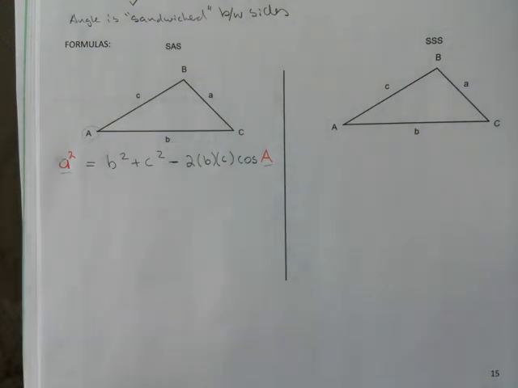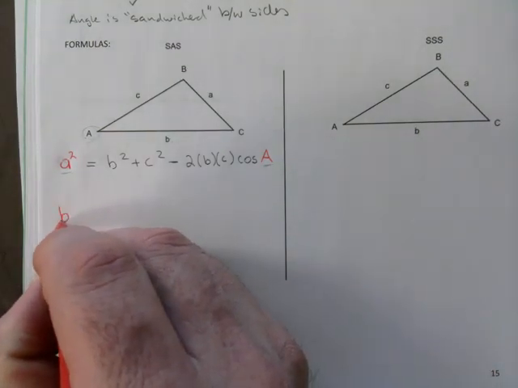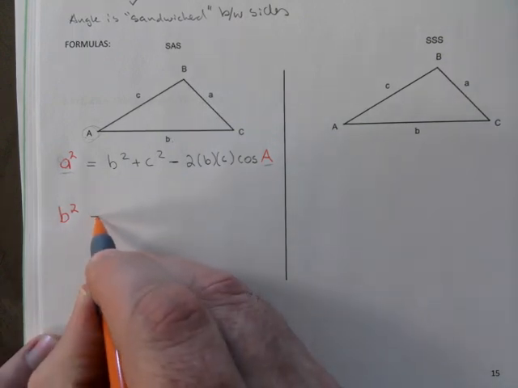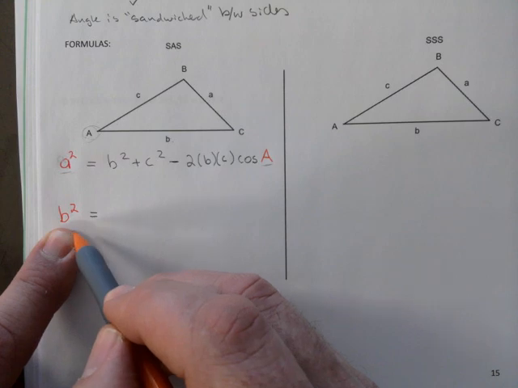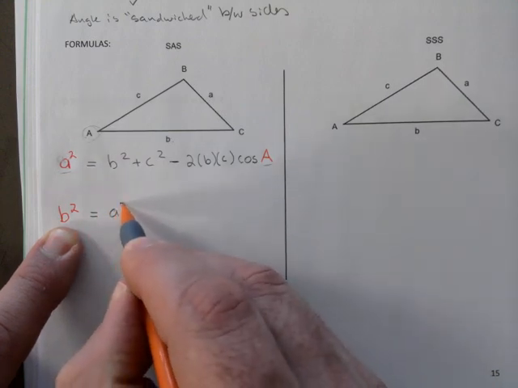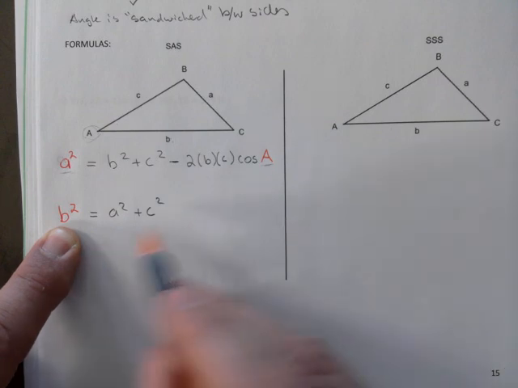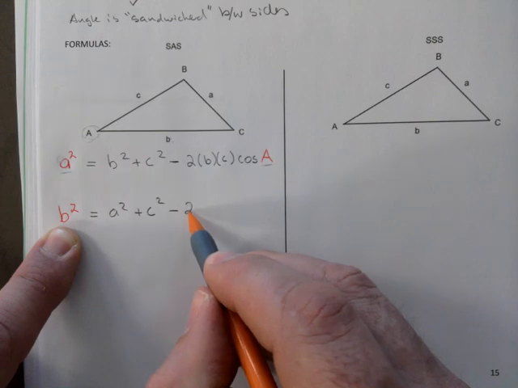Next, I'm just going to give you variations for all of them. So if you wanted to solve for B, let's say, you would start like this. That's the unknown, guys. On the left side is my unknown side, which means that A squared and C squared are provided. You add them, but you go minus 2 times what?